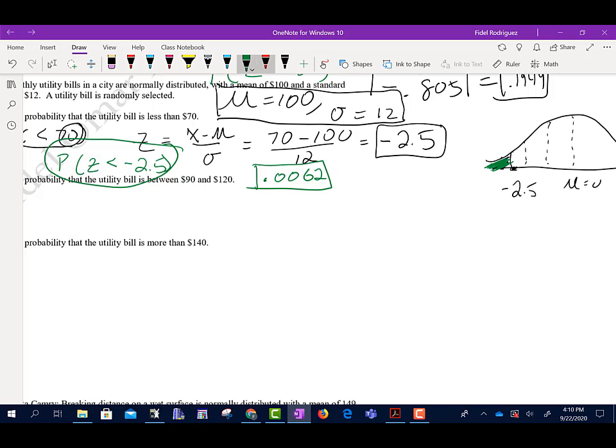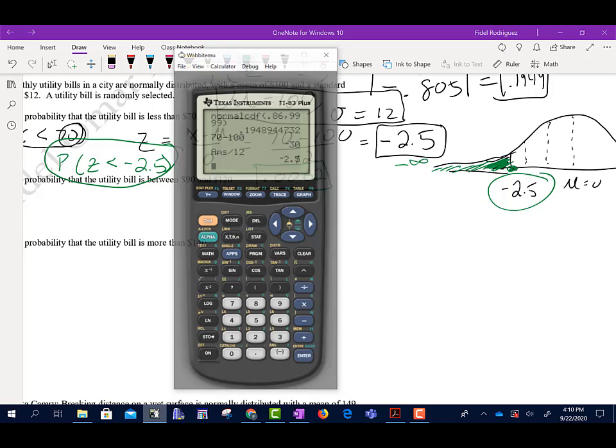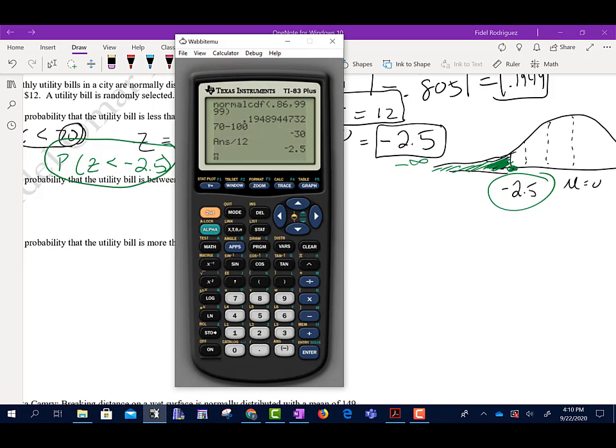And if you say, okay, well, suppose I wanted to use my calculator. Well, how would I do this on my calculator? I'll show you right now. So remember, we are finding the area to the left, right? So I'm going from negative infinity, and I'm going to stop at negative 2.5. So I go to my calculator, I hit second, vars, go to my normal CDF, hit enter.